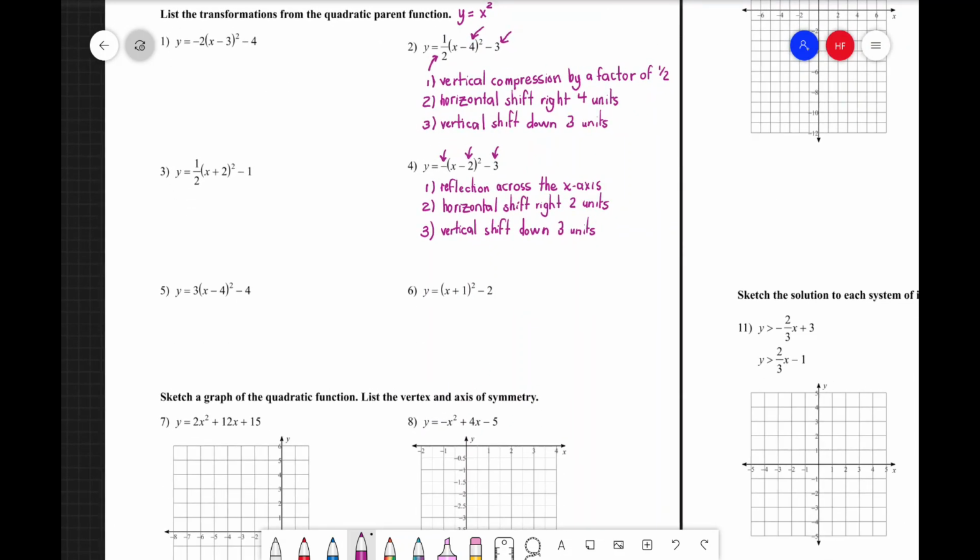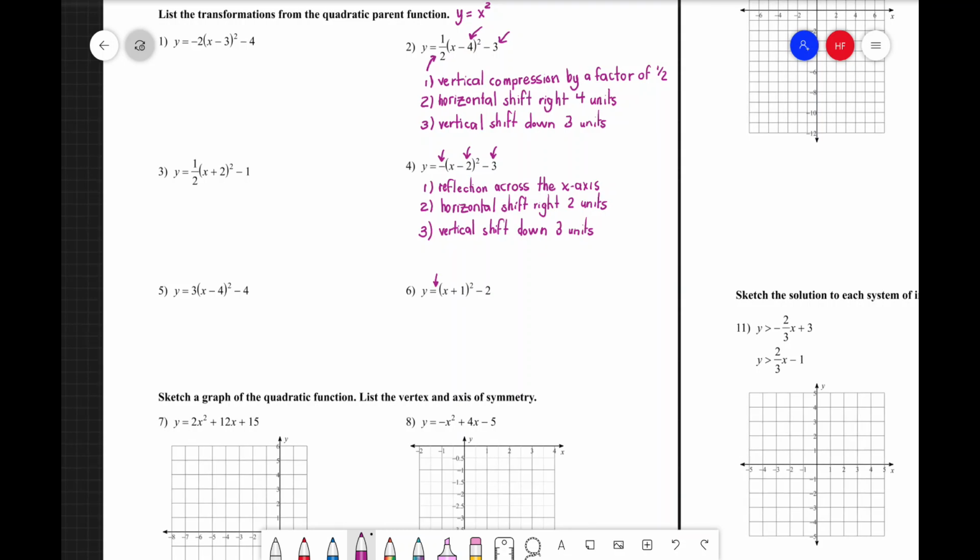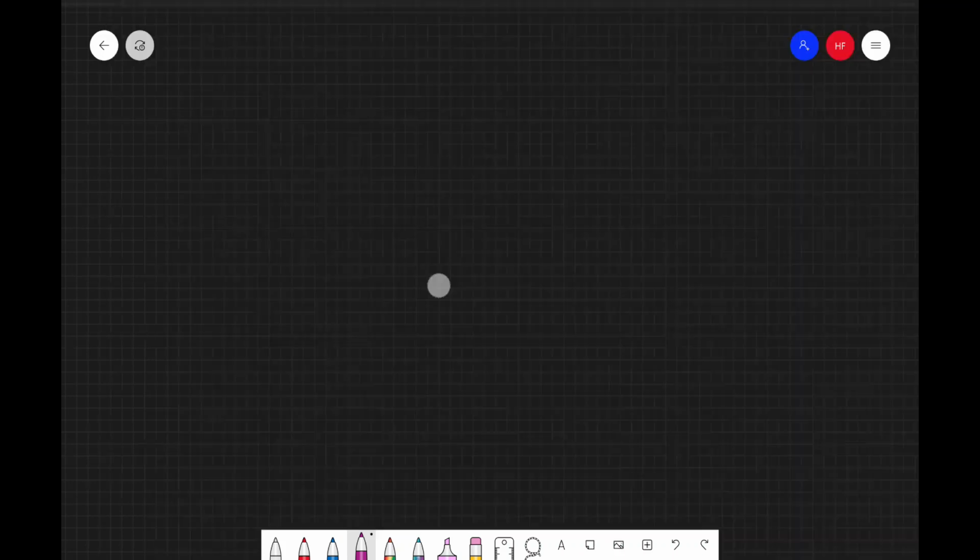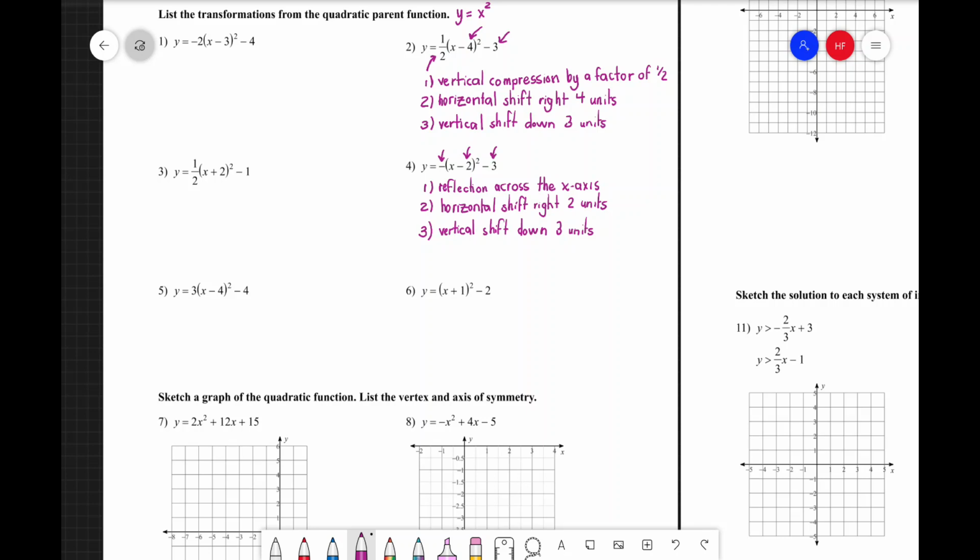Then on number 6, we don't have a change in the front. So there's not going to be a reflection, there's not going to be a compression, there's not going to be a stretch, sorry. So we have something here and something here. So the first thing that I see is that +1.